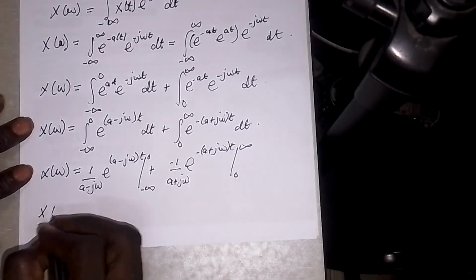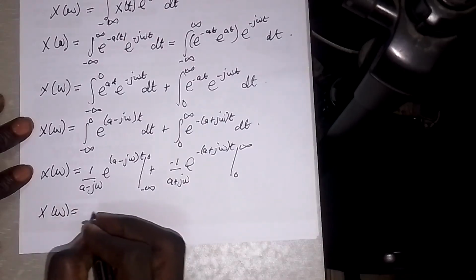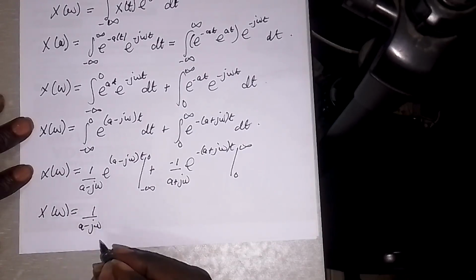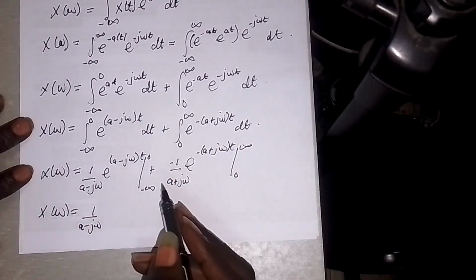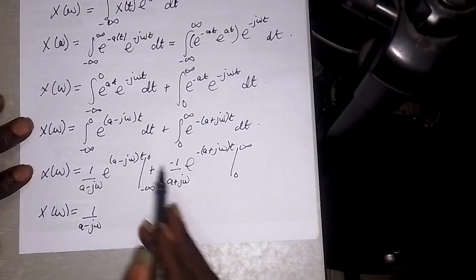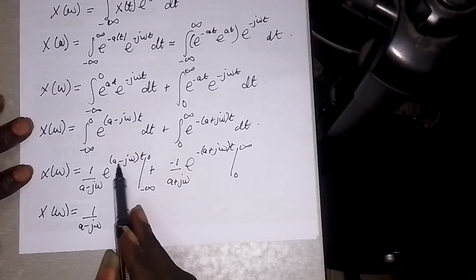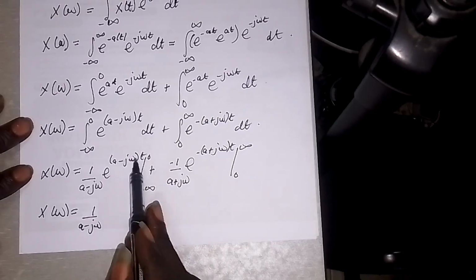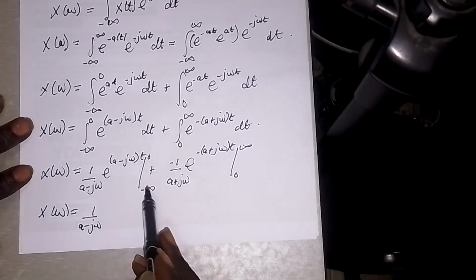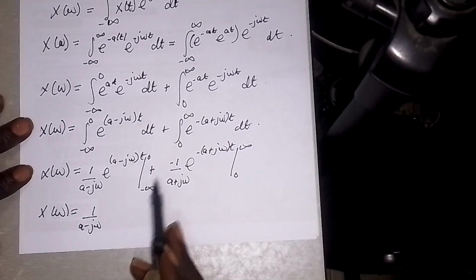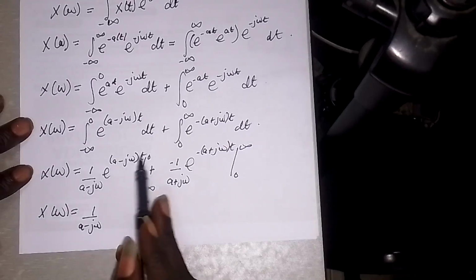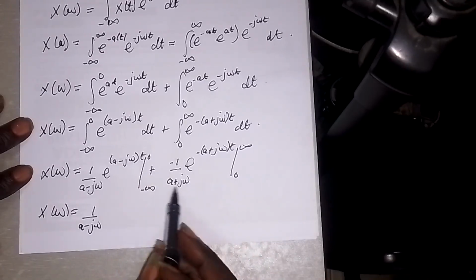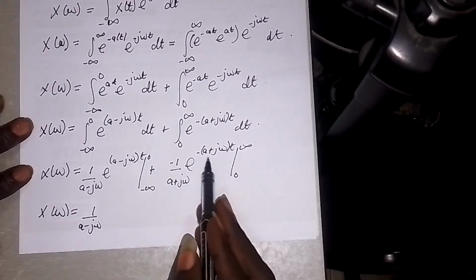That means that X of omega is equal to 1 over (a minus j omega), times 1, because if t is 0, e to the power 0 is 1, and if t is minus infinity, e to the power minus infinity is 0. So I'll get 1.